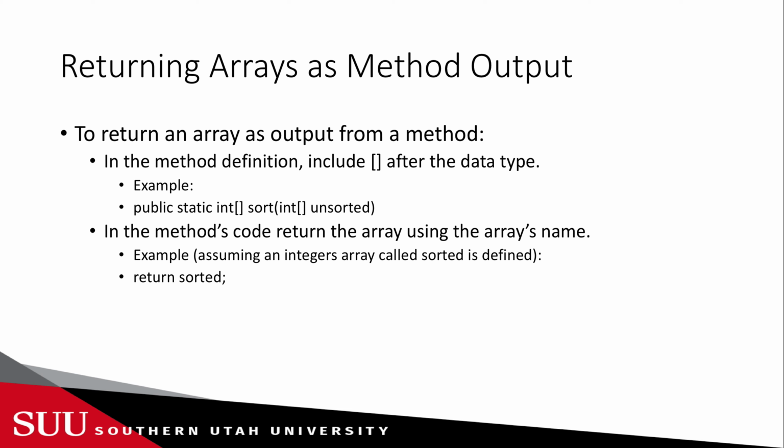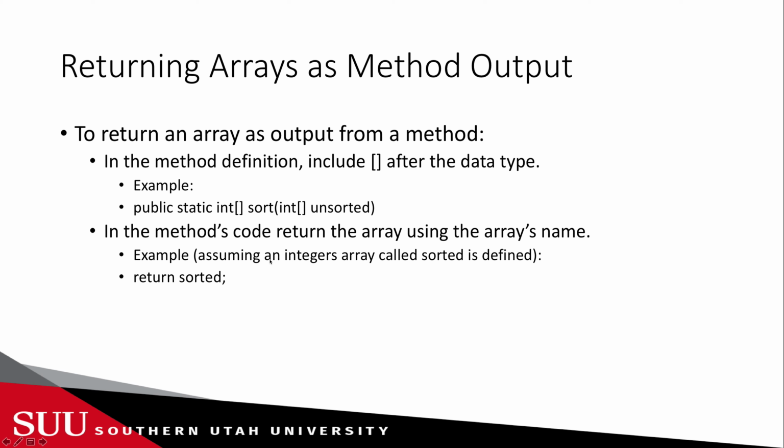An example is if I say public static integer array sort, and then the input is going to be an unsorted array of numbers, for example. In this case, it is going to be an unsorted array of integers.